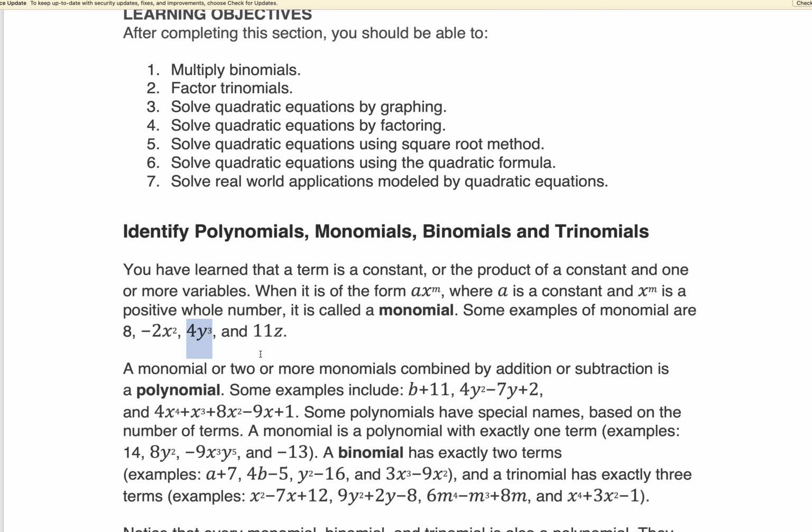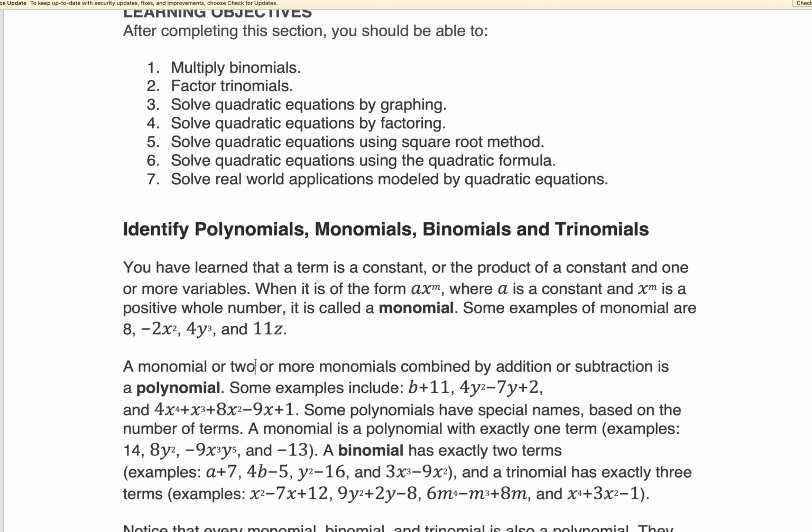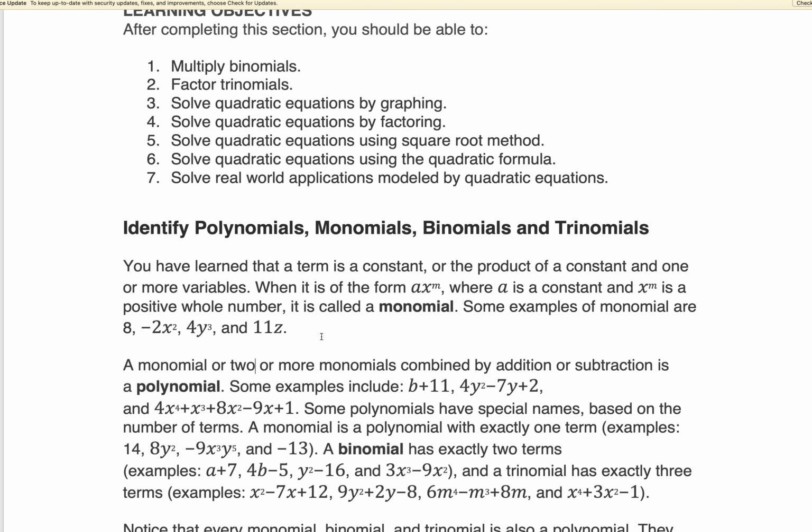And hopefully you see we don't necessarily only use notation x, y, it could be a, b, c, or any notations. That is a monomial. A single term forms a monomial. And then a polynomial is simply the combination of multiple terms.